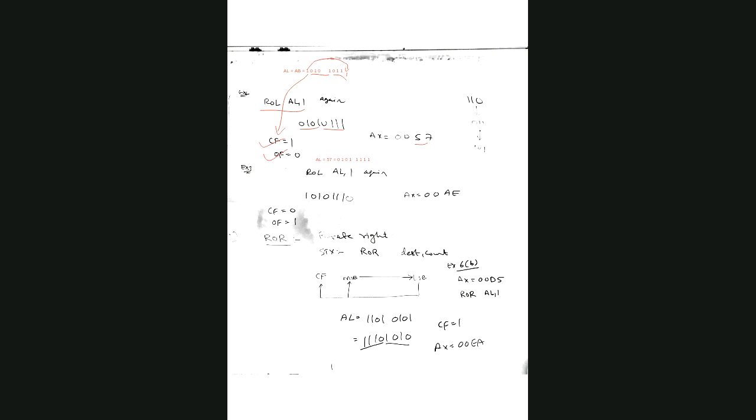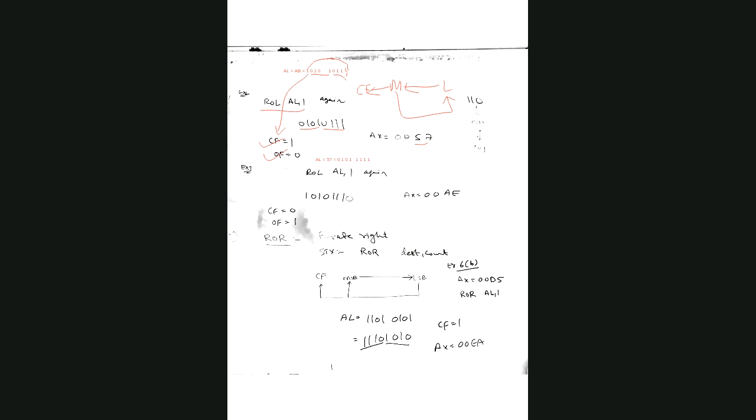You have the carry flag, you have MSB, you have LSB. LSB will go to MSB, MSB will go to the carry flag, and it will also be copied into the LSB. That's what I have done. You see, MSB is going to the carry flag and also copied at LSB. Understood? This is how we got here.